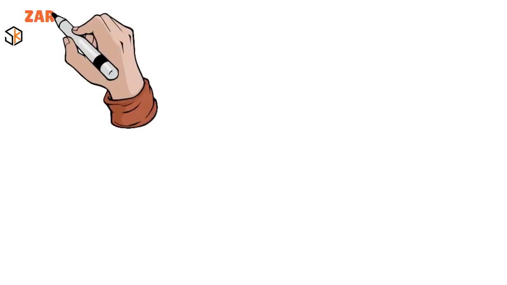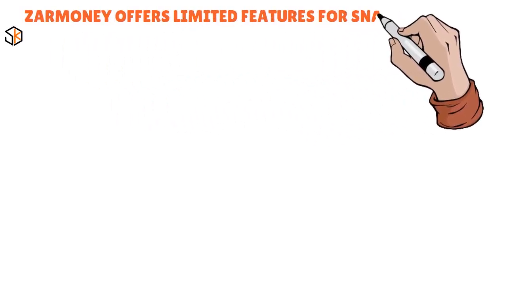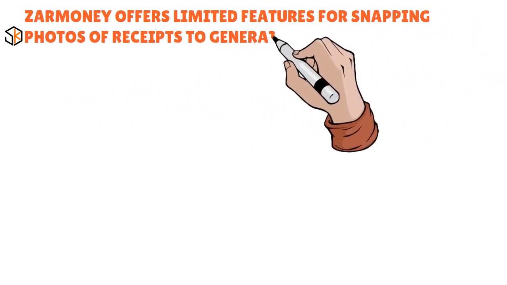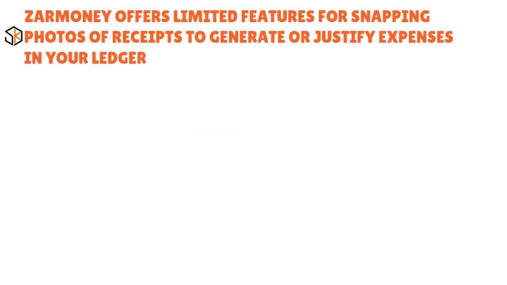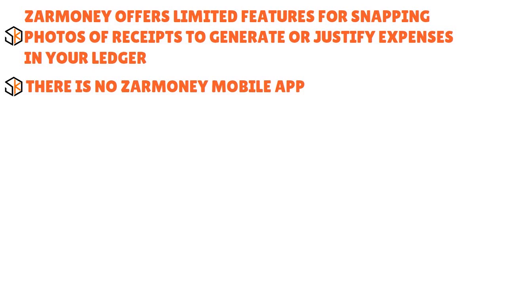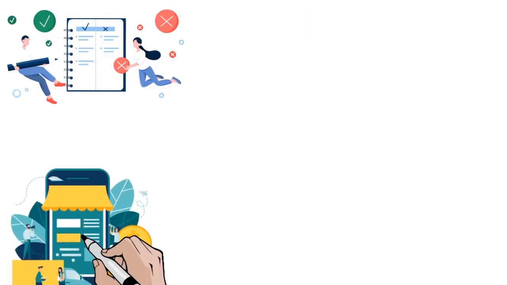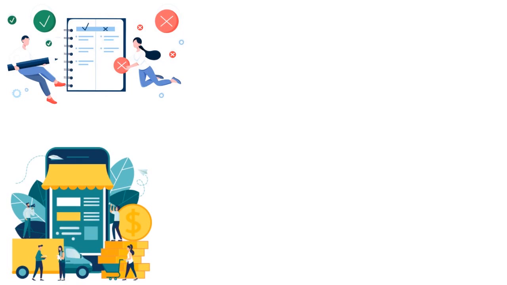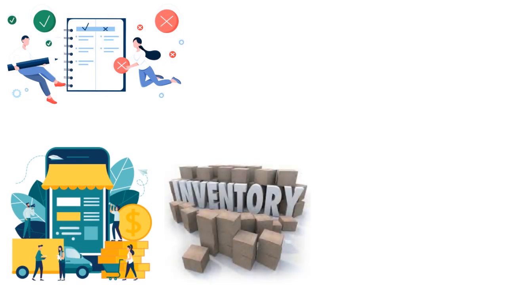What about the cons? Well, ZarMoney offers limited features for snapping photos of receipts to generate or even justify expenses in your ledger, and there is no ZarMoney mobile app as of right now. So if you have a business that sells tangible products, inventory is a key financial concern, right?